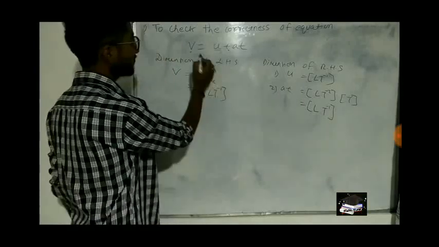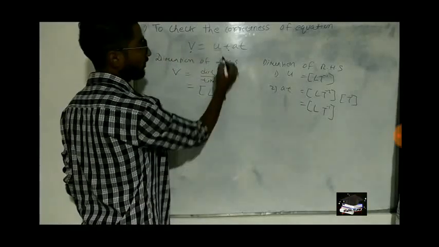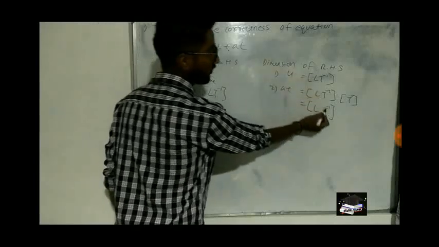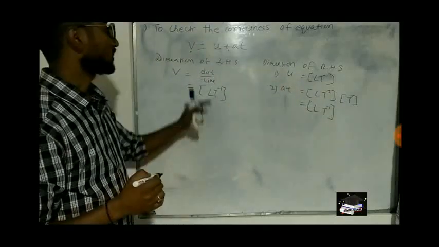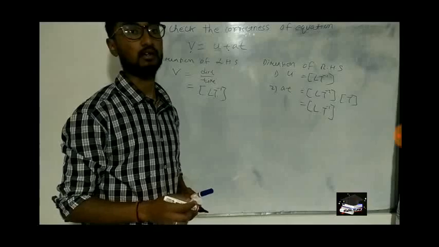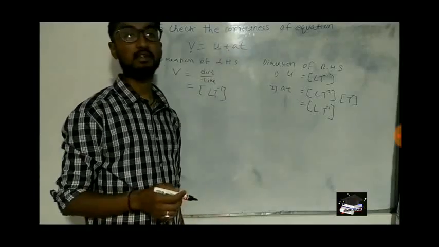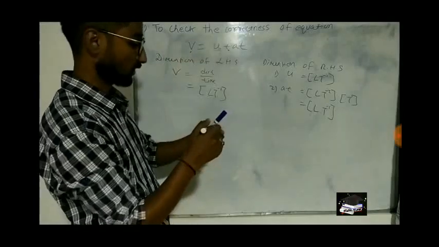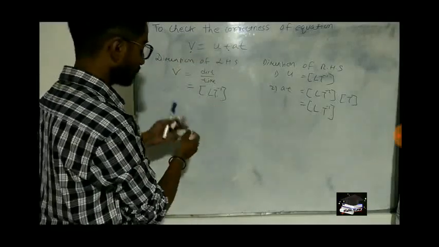So look at this: left hand side LT minus 1, right hand side first LT minus 1, right hand side second LT minus 1. So this equation is dimensionally correct. So now we can say that this equation is true. This equation is correct. Let us do one more.